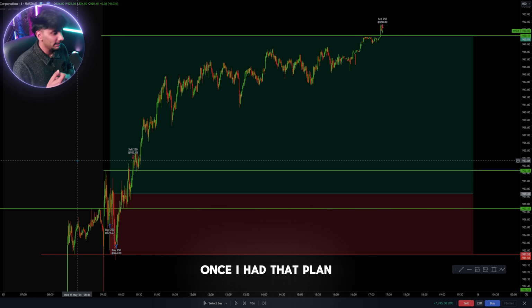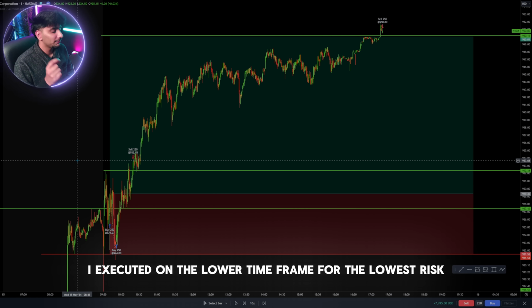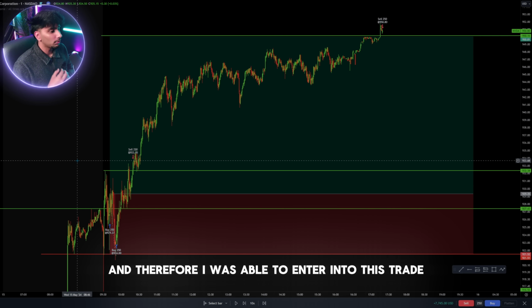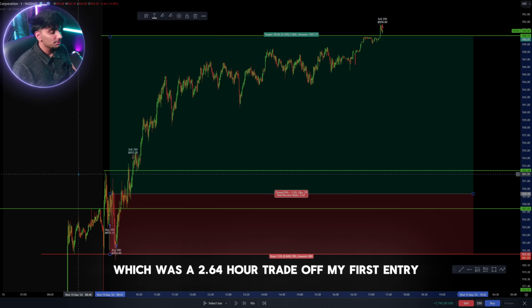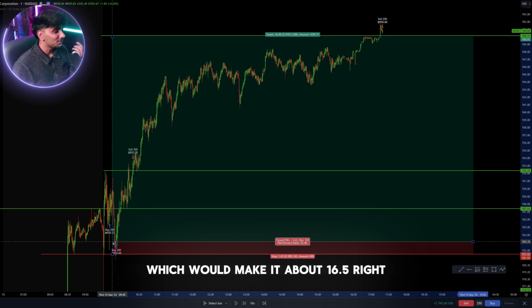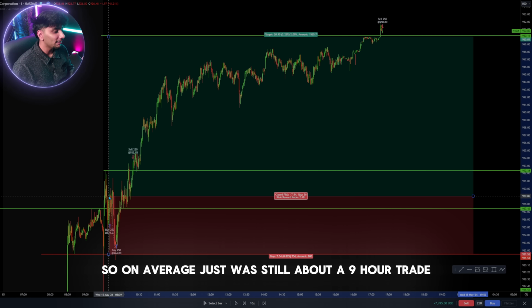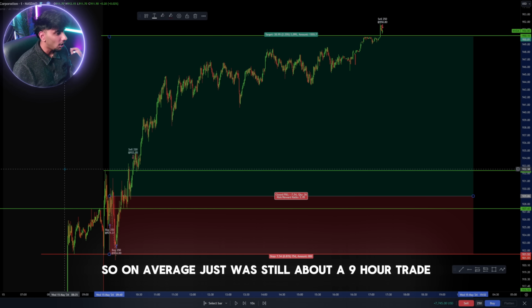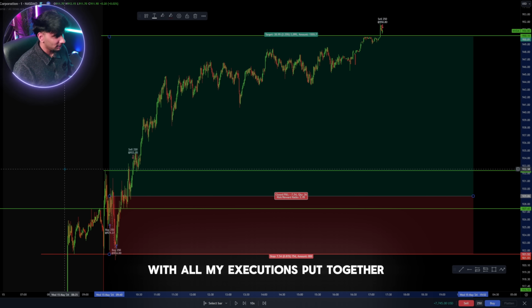Once I had that plan, I executed on the lower time frame for the lowest risk, and therefore I was able to enter into this trade, which was a 2.64R trade off my first entry. And if we also combine that with my second entry, which would make it about 16.5, right? So on average, this was still about a 9R trade with all my executions put together.